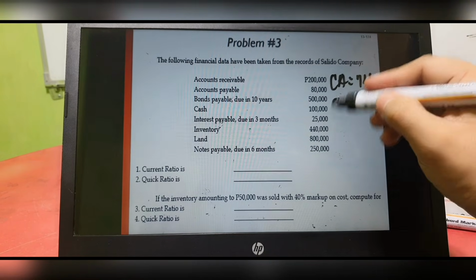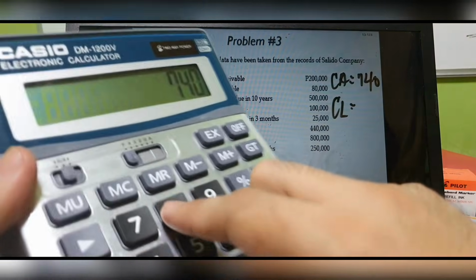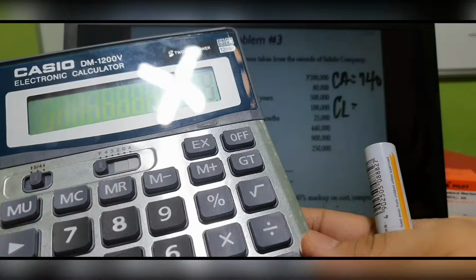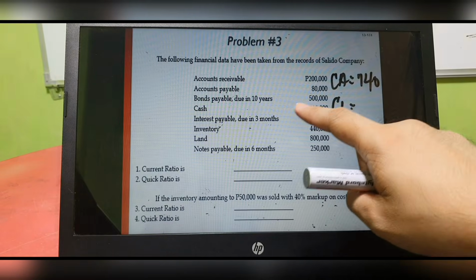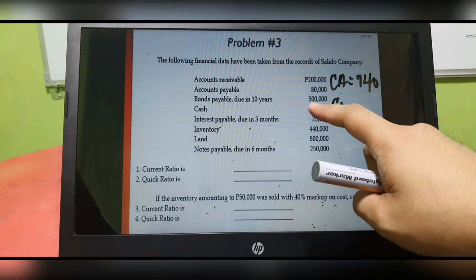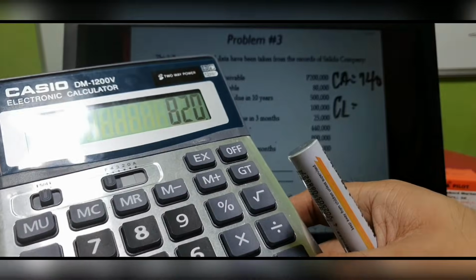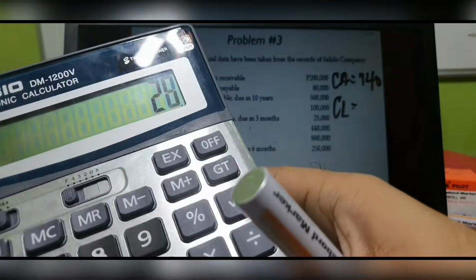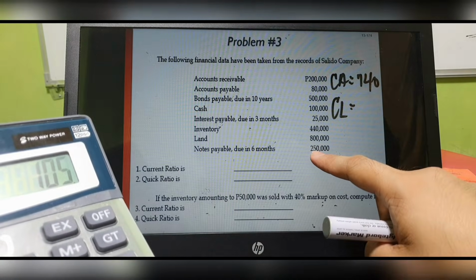plus meron pa ba? Wala na. So current assets ay 740. Ang current liability natin ay accounts payable na 80 plus what else? Your bonds payable in 10 years hindi kasama. How about your interest payable in 3 months? Yes, plus 25. Plus, kasama ba yung notes payable in 6 months?